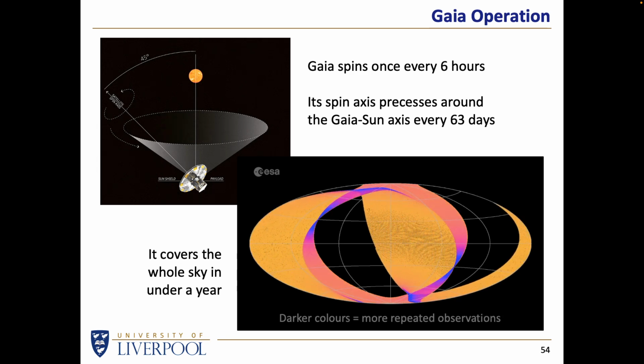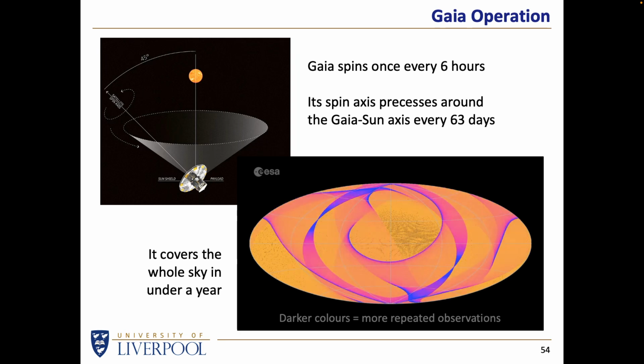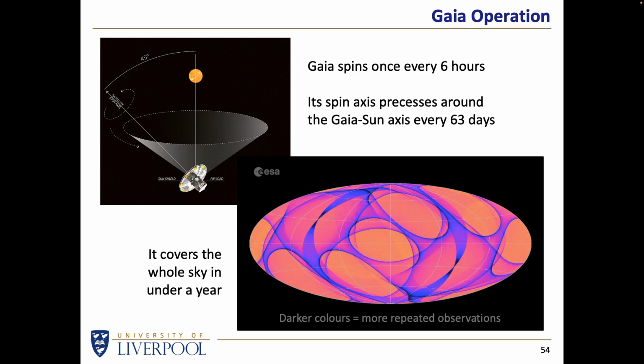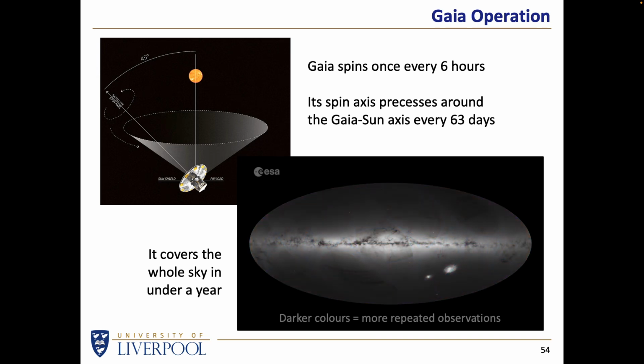And this particular animation on the bottom right here is color-coded to show how often a particular patch of sky is getting covered by the Gaia telescopes. So you can see it's not uniform. Some bits of sky get covered more than others, but as long as every star gets covered multiple times in one telescope, as well as multiple times in the other telescope, as well as the same thing again a few hours later, as well as the same thing again a few months later, after 10 years, every star has been measured multiple times.